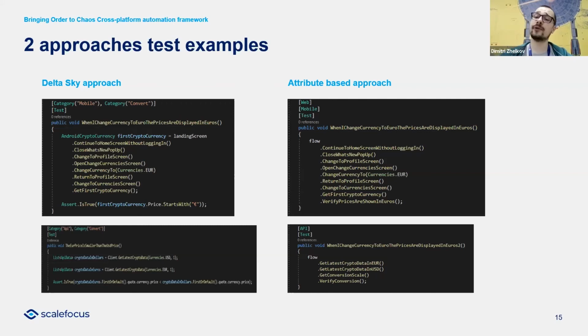Then we have a separate test in the API tests, also for this conversion, where we get the dollars and the euros, and we check the prices there. So it goes much smoother. We can use whichever approach we like for the API test, the mobile test, or the web test.